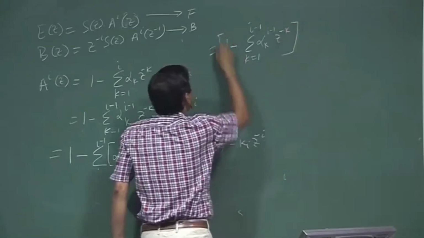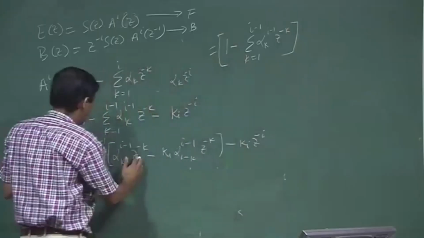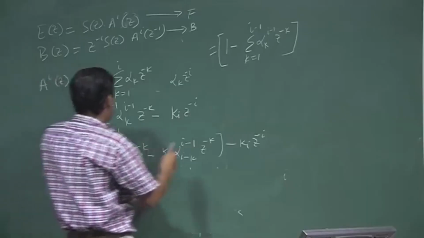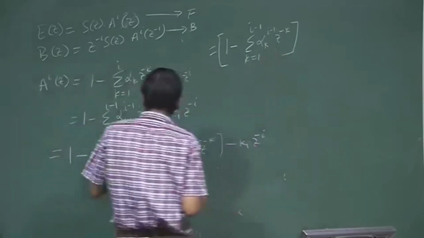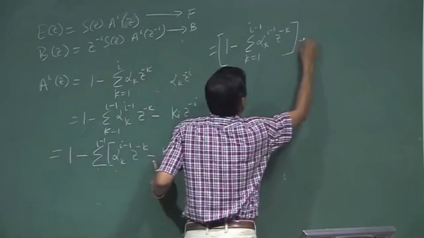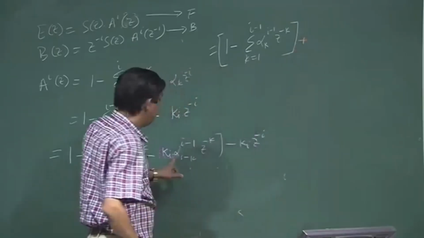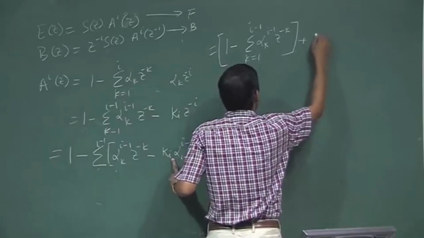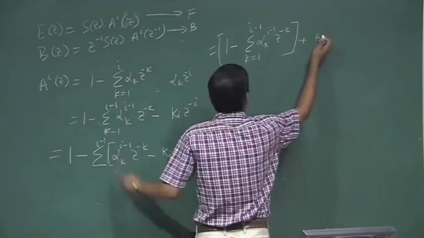This is one equation, this part, and another equation is minus minus plus k i. I put the sum also here.